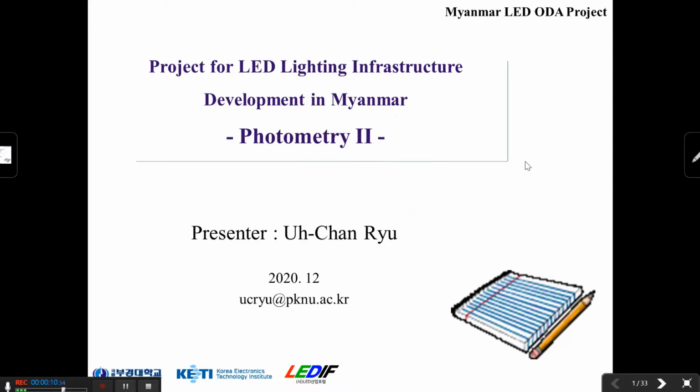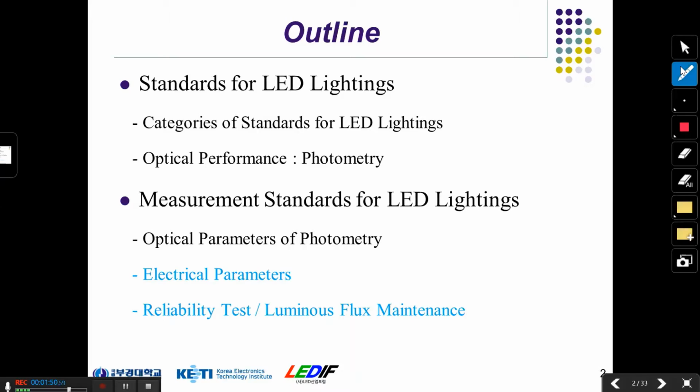This presentation is the second part of the introduction to photometry of LED lightings. In the previous presentation, standards for LED lightings were reviewed to be categorized into optical parameters of photometry, electrical parameters, and reliability tests and luminous flux maintenance.